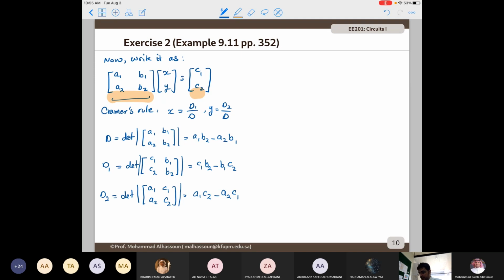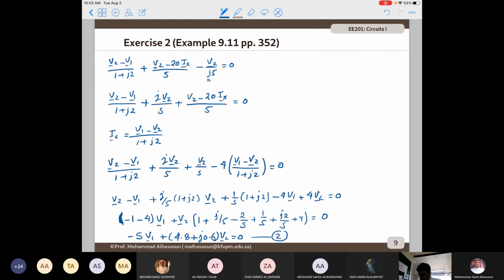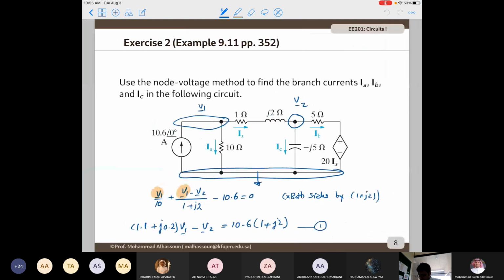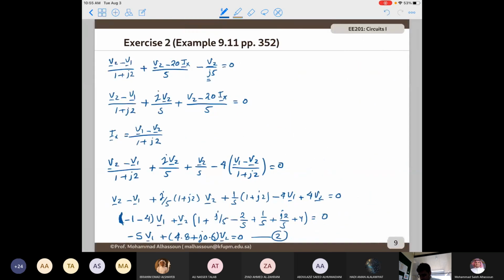So let's see what we have in here. So the matrix we have is going to be: equation 1 is 1 plus j1, 2, minus 1.